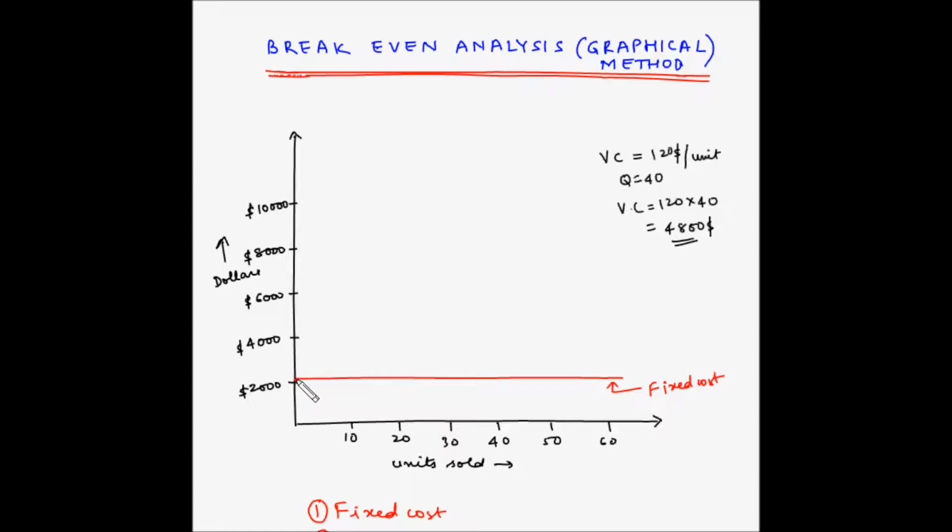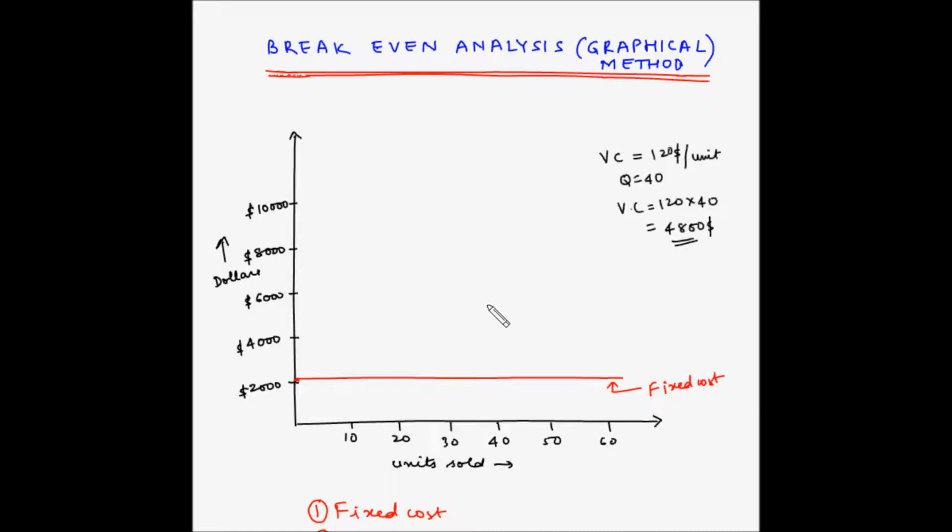So for drawing the line for total cost, we already have one point which is here at $2,000 intercepting at the y-axis, and the second point is at 40 units.